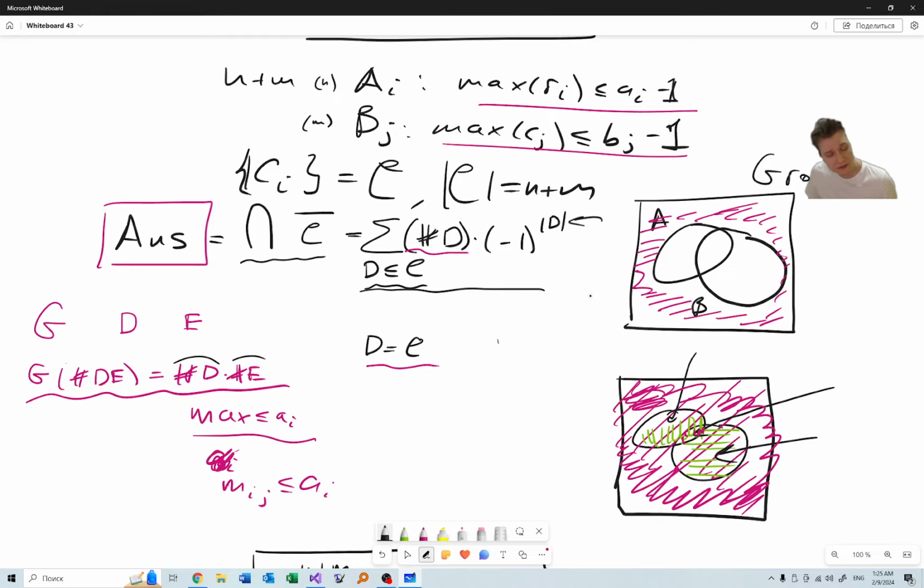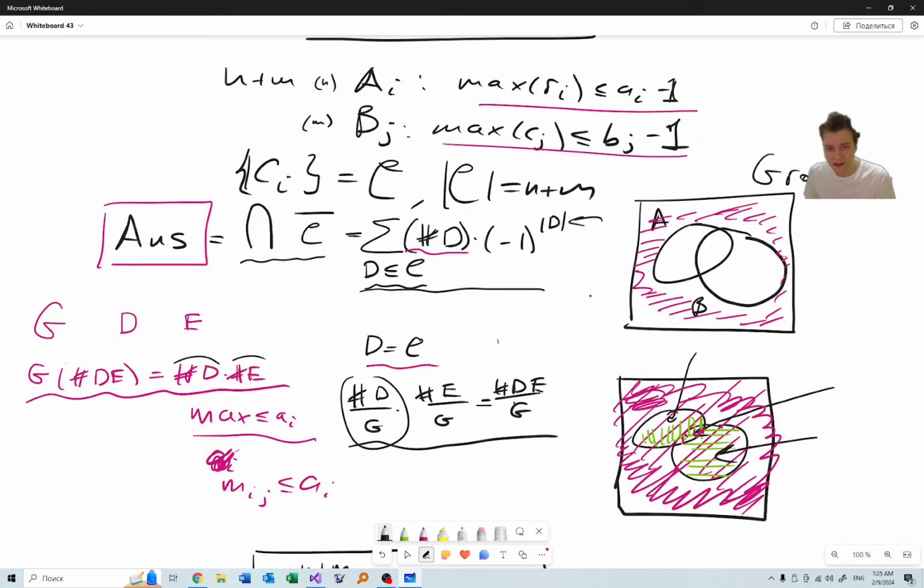And if these two events are independent, it can also be reformulated as probabilities: D divided by G times E divided by G is DE divided by G.